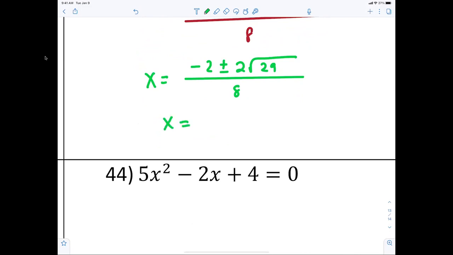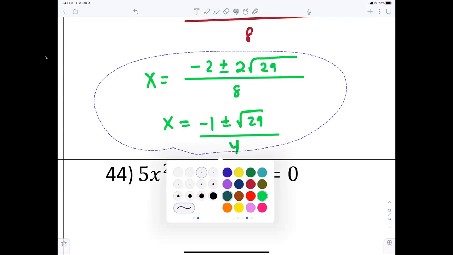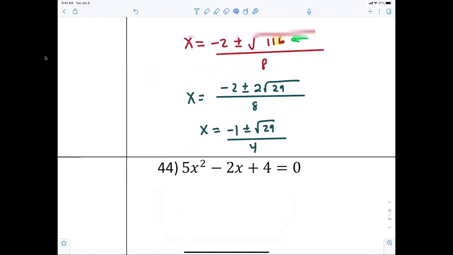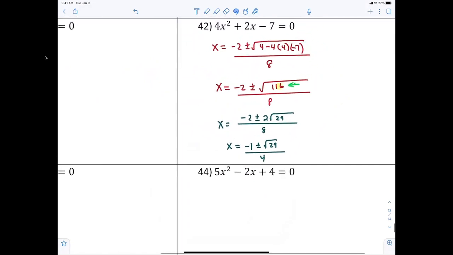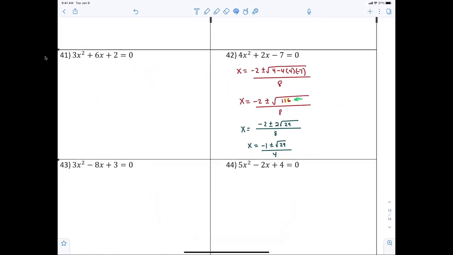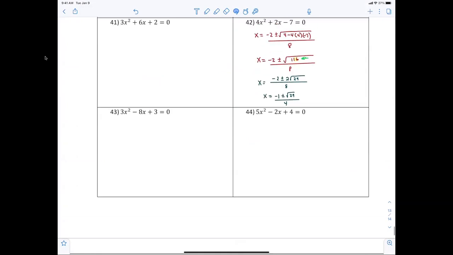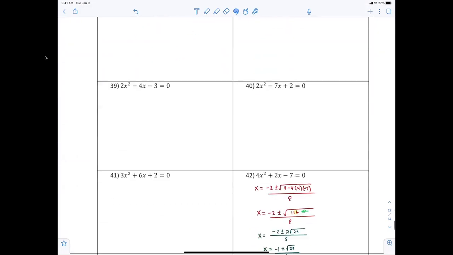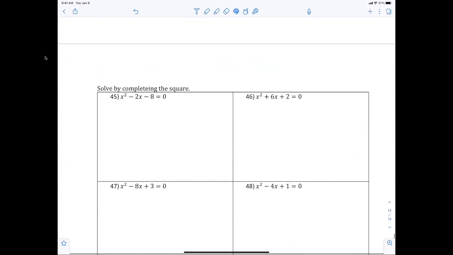So this would be x equals what? -1 plus or minus radical 29 all over 4. All right, that's not showing up so good. It's over 2a. All right, I'm pretty happy with that.